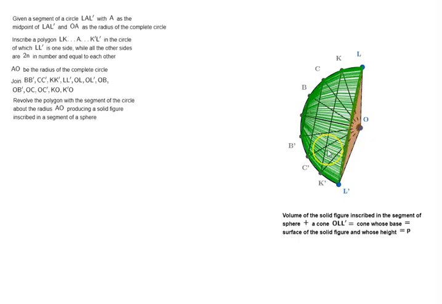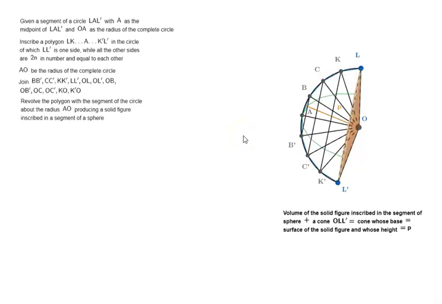So the volume of this figure is equal to a cone whose base is equal to surface of the solid figure and whose height is equal to P. That P is nothing but the perpendicular from, or perpendicular distance from, O to AB. So let's draw that as well. Now that you have got an idea, let me get rid of this.